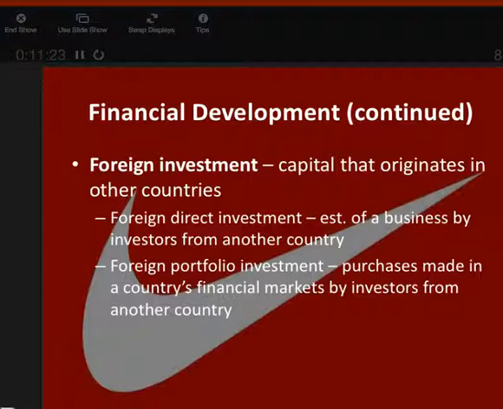We've talked about multinational companies before, but just the multinational versus the domestic jobs that are out there. So foreign direct investment: a business by investors from another country. Foreign portfolio investment: purchases made in a country's financial markets by investors from another country.